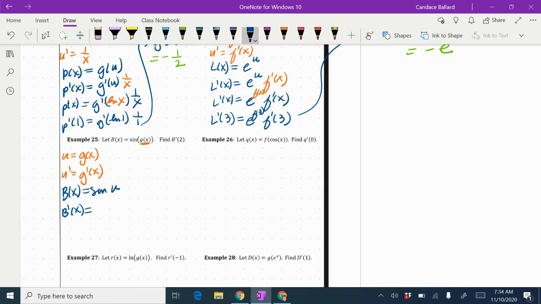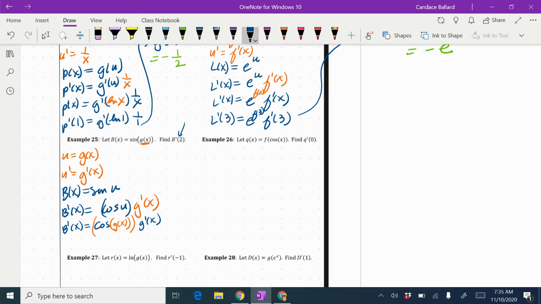So I take the derivative of the outside function, which is the cosine of u. And I multiply that by the derivative of the inside function, which is g prime of x. Now we're going to substitute back in the u. So cosine of g of x, and then I'm going to multiply that by g prime of x.